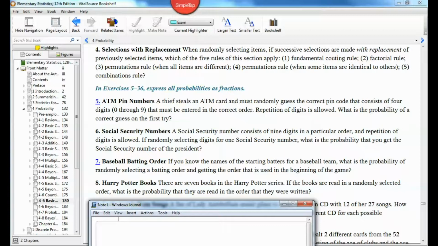Now this is a probability. There's only going to be one way to read them in order, right? If you get any book out of order, then you haven't read them in order, okay? And we're saying we read them in a randomly selected order.